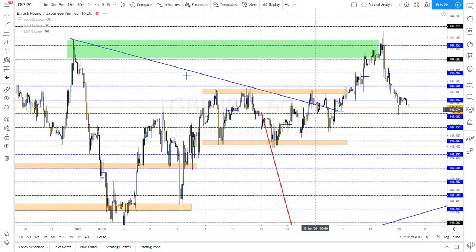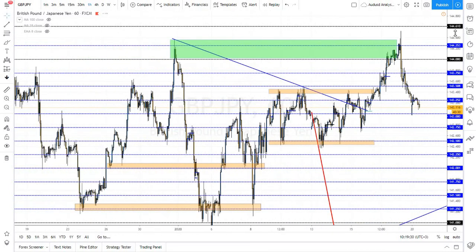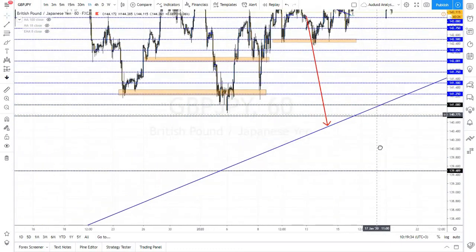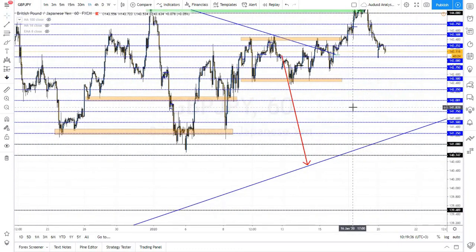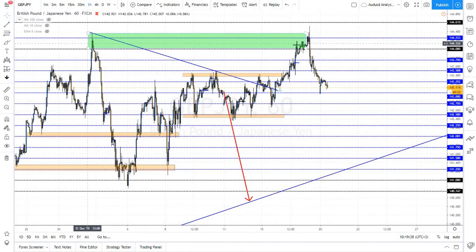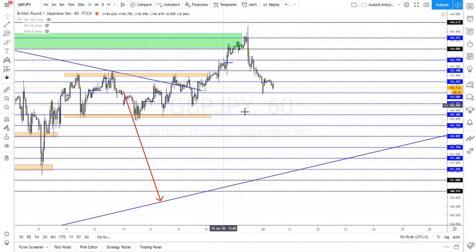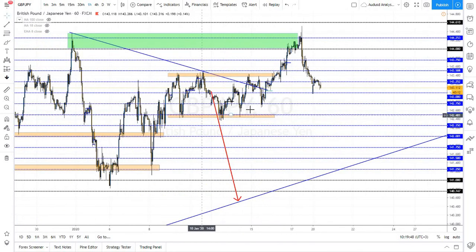But remember, we are in a very funny zone on the daily time frame. Since the market found resistance again here and started printing lows, we're looking at a continuation of that.